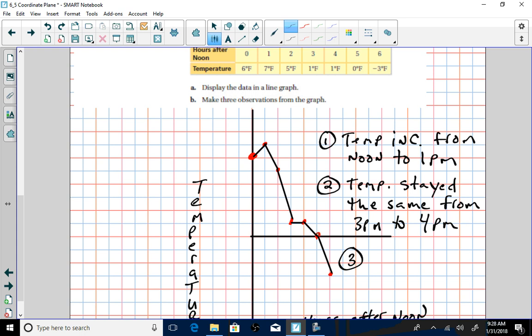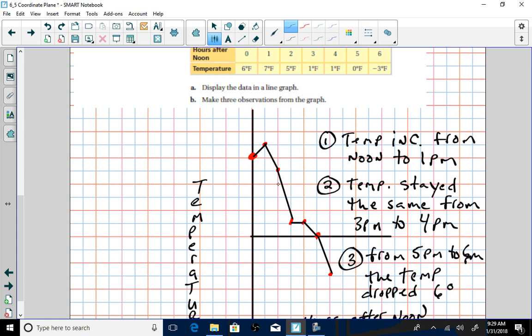Well, we could see that from 5 o'clock to 6 o'clock, the temperature dropped what? How many degrees? 3 degrees. So I'm going to say from 5 p.m. to 6 p.m. the temperature dropped 6 degrees.